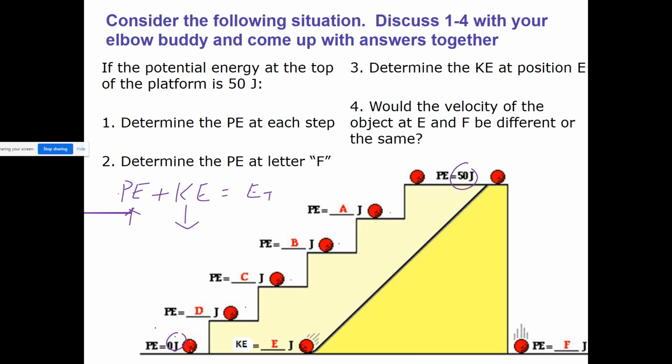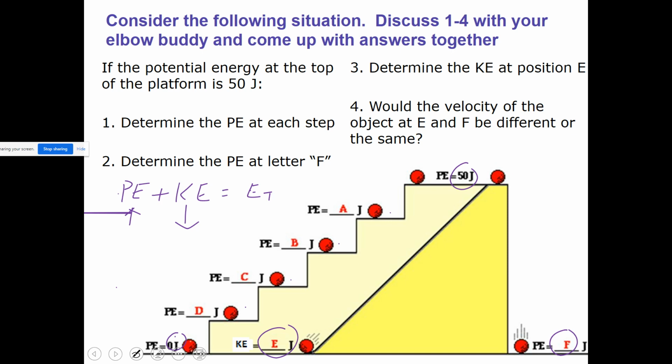Number 2, determine the potential energy at F. F is way down here at the bottom right. Well, it's not some height above the ground, and potential energy talks about being above the ground in the gravitational pull. I'm going to say that it is 0 joules of potential energy at F. Number 3, determine the kinetic energy at E. Okay, so the potential energy is actually 0.